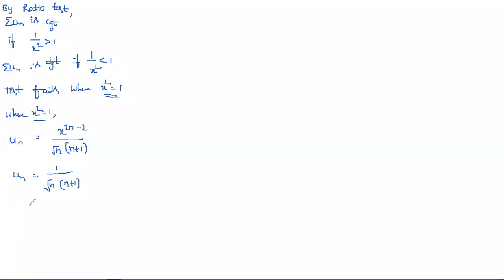Okay, is this Vn term available or not? Take summation Vn equal to 1 by root n, that is n power 1 by 2. Then you can take the condition limit n tends to infinity of un by Vn.